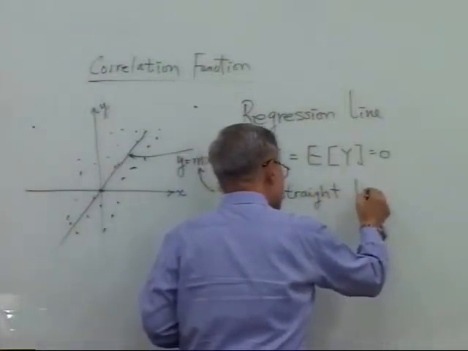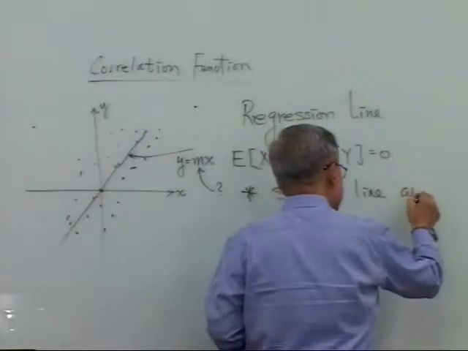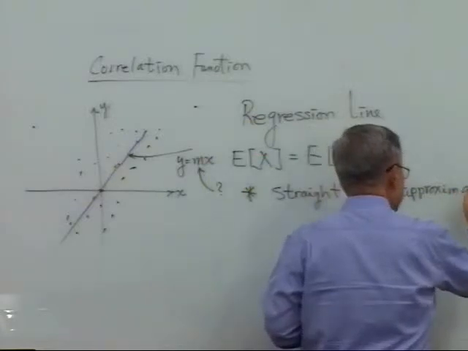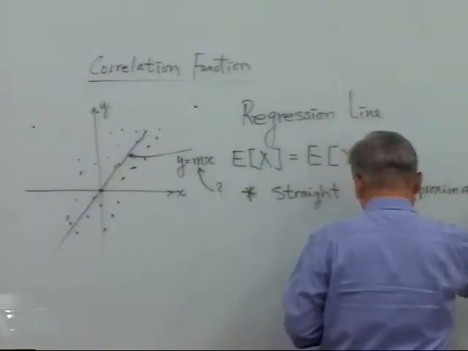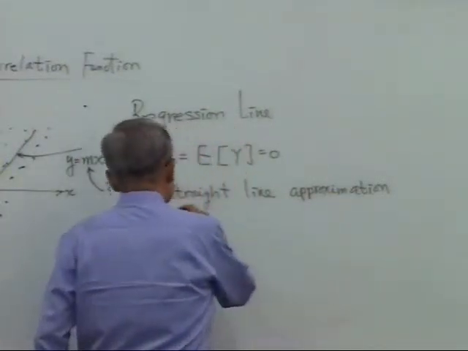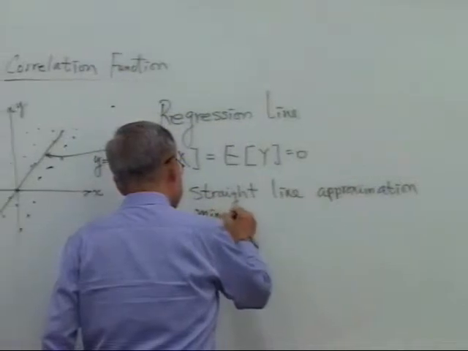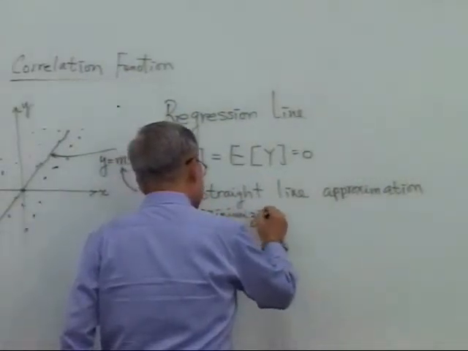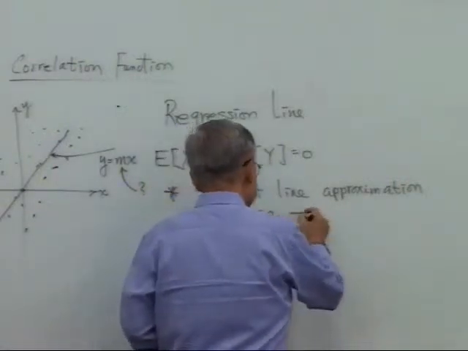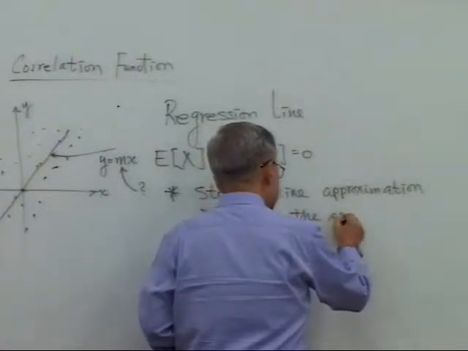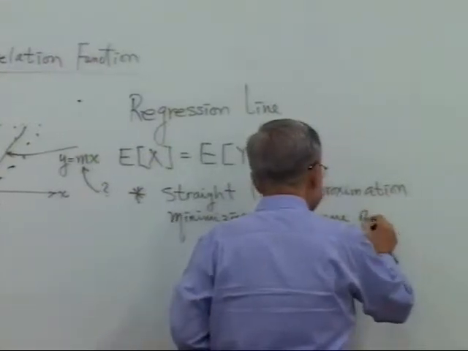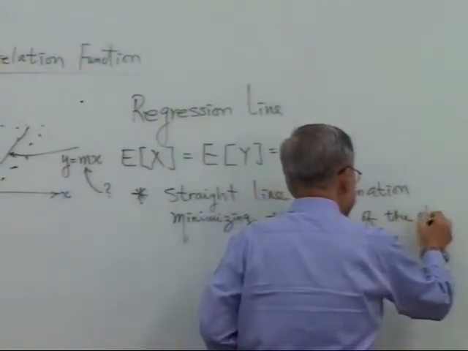This is a straight line approximation, minimizing the square of the deviation.